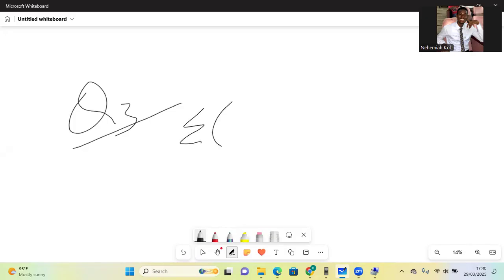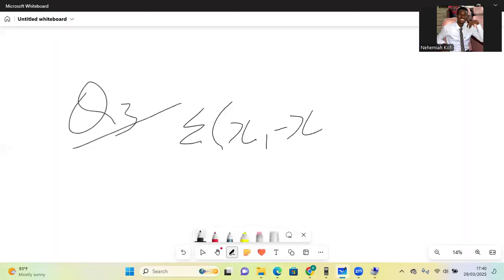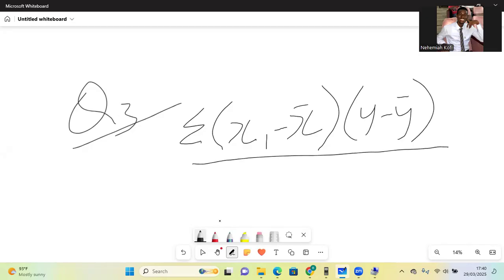Summation of (X_i minus X bar) times (Y minus Y bar), we divide it by N minus 1.